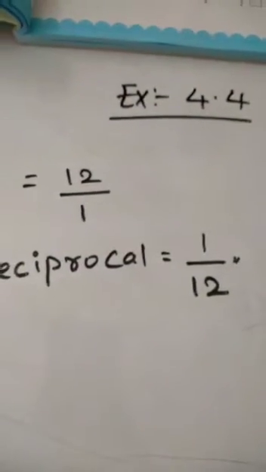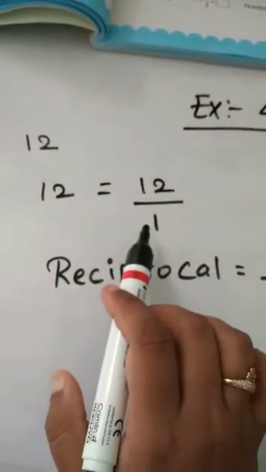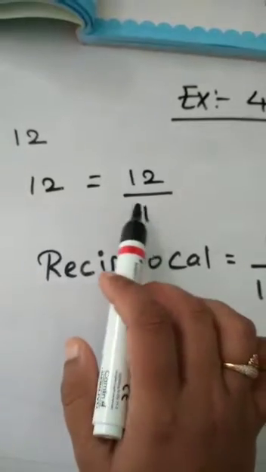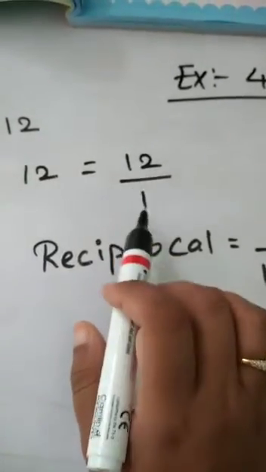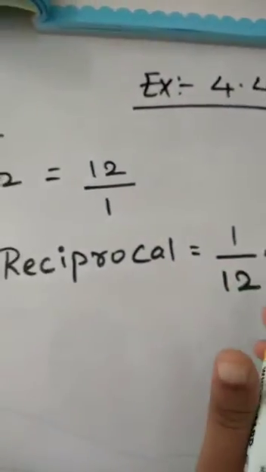Why are we writing 1 here? Because in the numerator 12 is there, but in the denominator there is no number. If there is no number, we have to write 1 here. So 12 by 1, if we take the reciprocal, becomes 1 by 12.